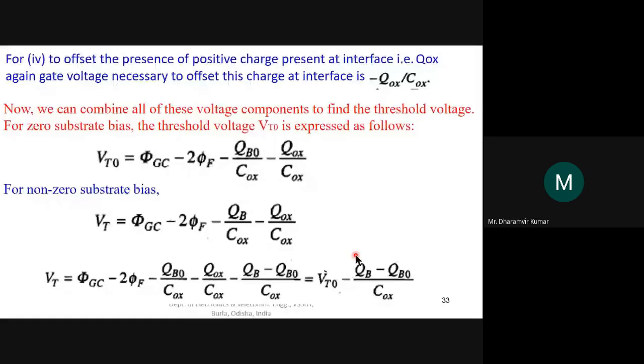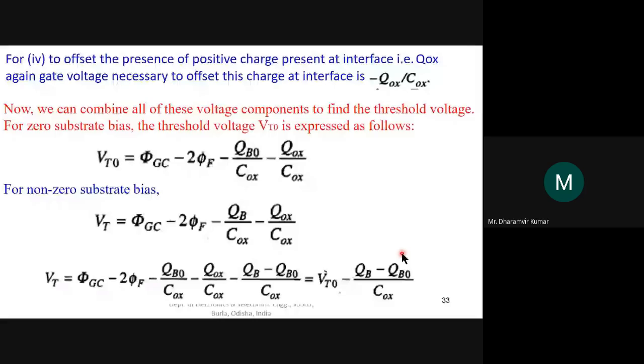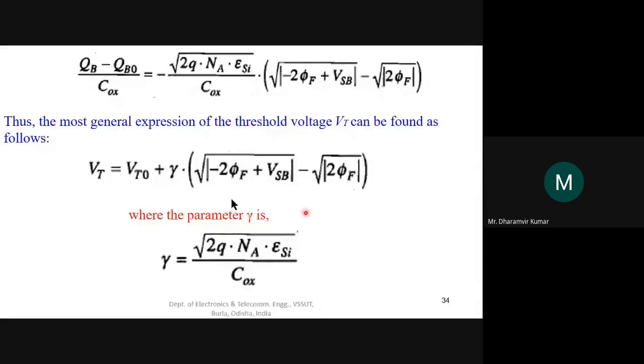Now this is the case when the body is connected to some non-zero potential, and this is the case when the body is simply connected to the ground, zero potential. And we can calculate the value of this particular term.